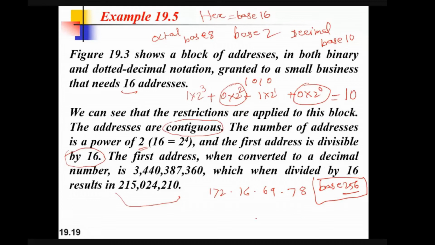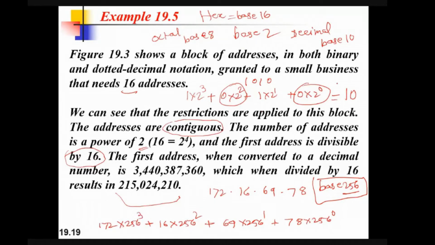If you want to convert this address into a decimal, it will be converted like 78 into 256 raised to 0, plus 69 into 256 raised to 1, plus 16 into 256 square, plus 172 into 256 cube.